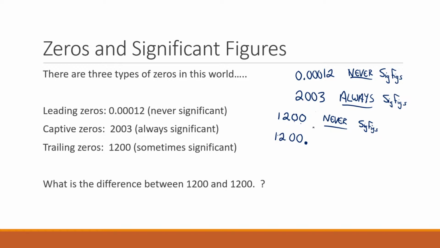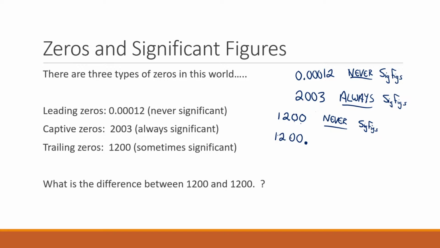So back here are trailing zeros. These zeros here without the decimal point tell me that this is an estimate, or that these zeros are here for scale. We have 1200, roughly. Whereas here on the bottom, with the decimal point, that tells me that I measured there are exactly 1,200 students in chemistry this year.